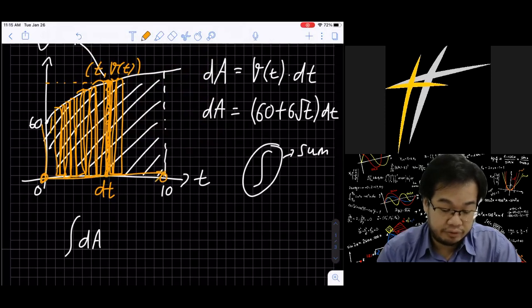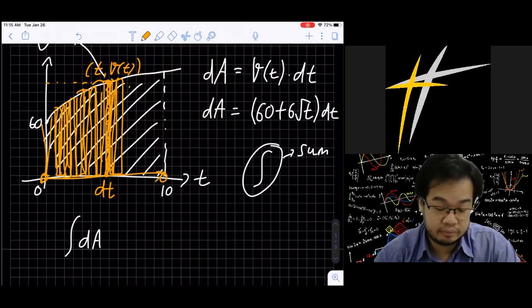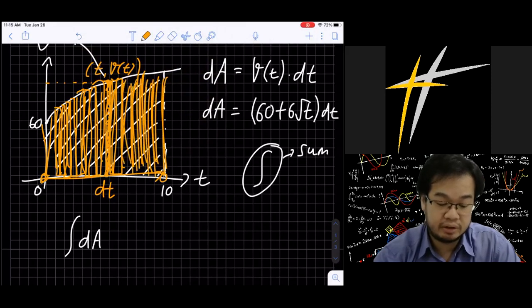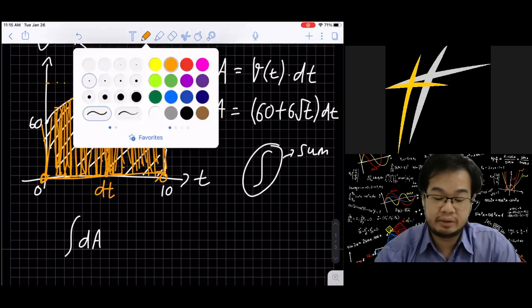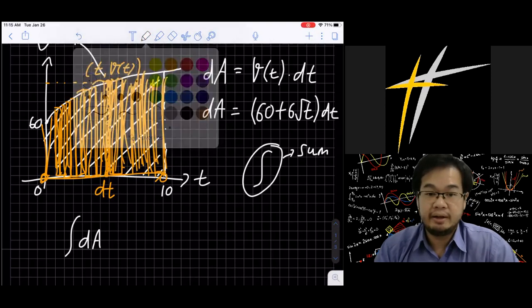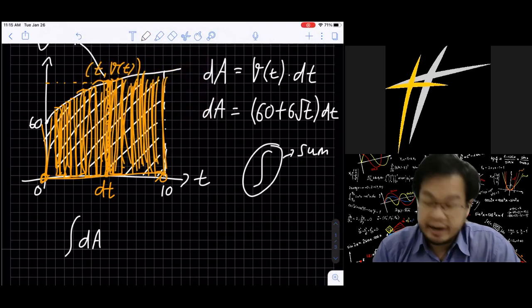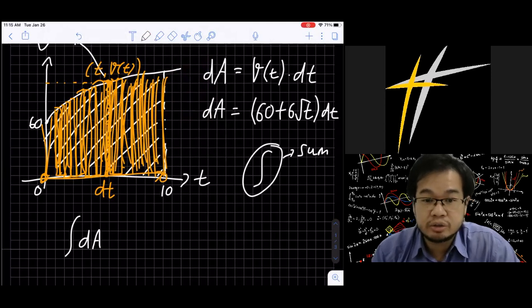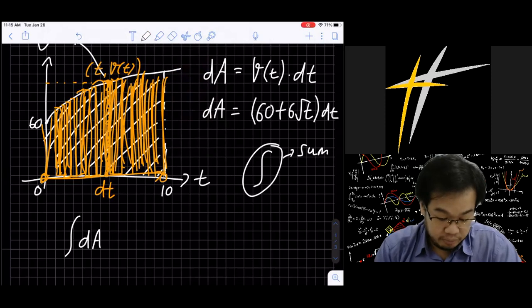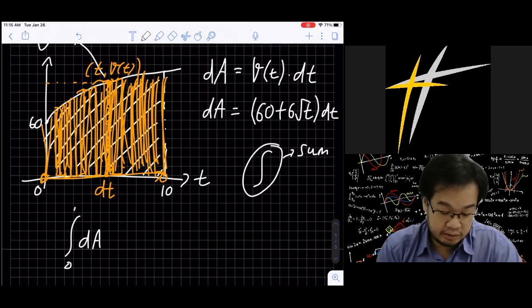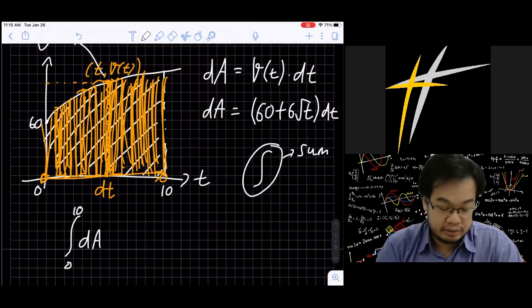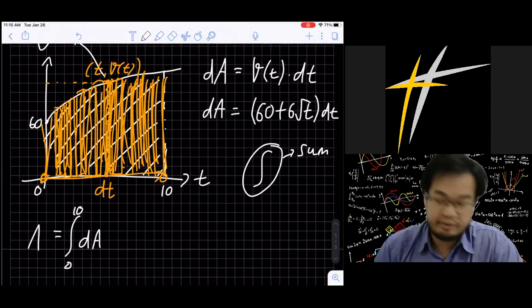There are a lot of rectangles here. In fact, there are an infinite number of rectangles. Remember, that's the concept of the definite integral, by Riemann sum. So we are adding all the small parts of the rectangles, dA, from 0 until 10, and this will be your area below the graph.